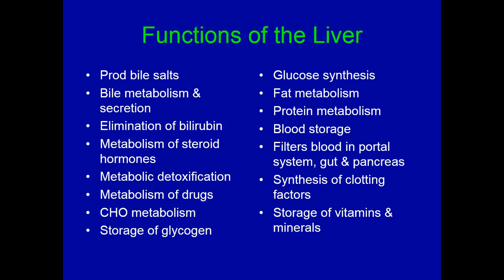Another important function is the synthesis of clotting factors. So the ability of our blood to clot comes from liver function. They produce our clotting factors using vitamin K and stuff like that. And storage of vitamins and minerals. So lots of functions, and if your liver's not working, you can see a lot of things will be affected.